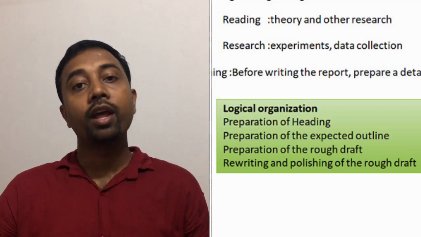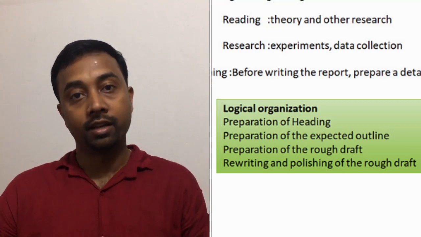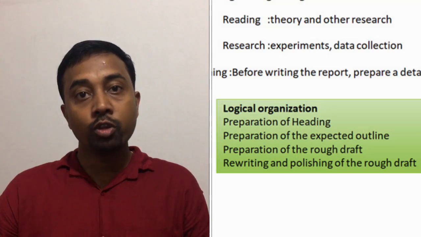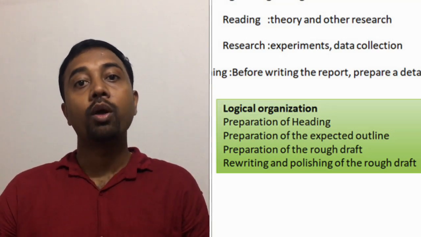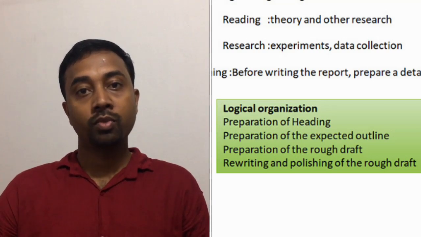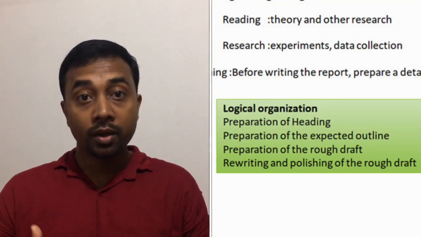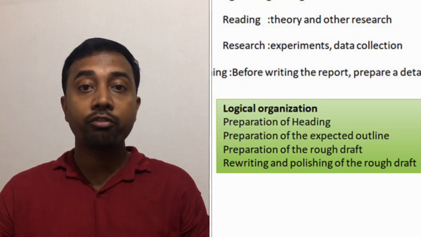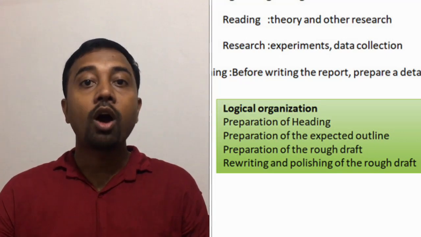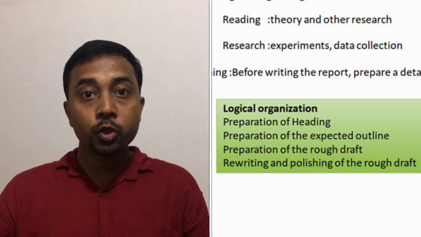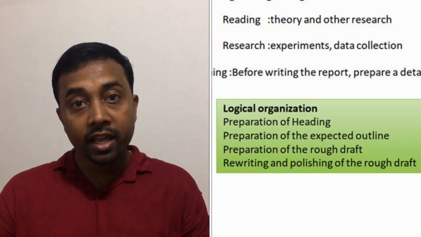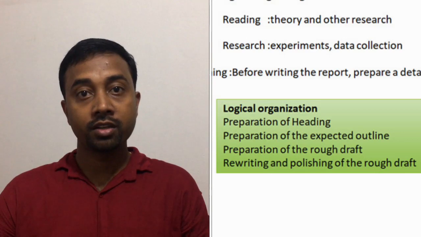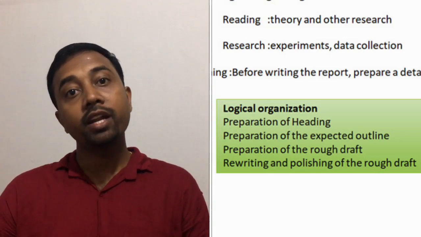We should find a good title. We should find a good outline for our research. We should make a good draft for our research. We should write this draft, then again we will rewrite it, and further we write it again.